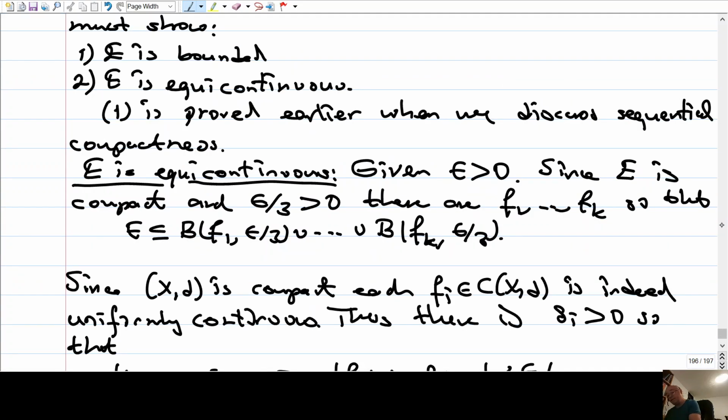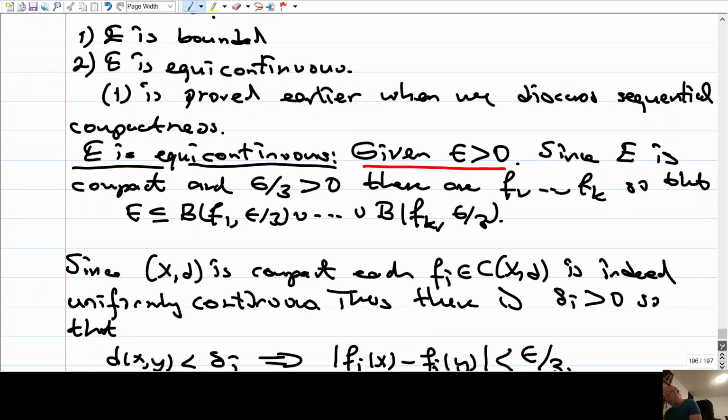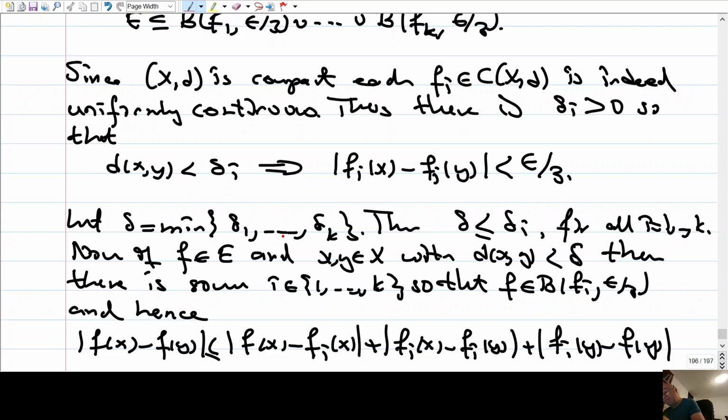So what we have obtained is the following: given epsilon positive, I found some delta. Of course this delta is positive, right, because it is the minimum of finitely many. The crucial thing is why this doesn't work for infinitely many fi.